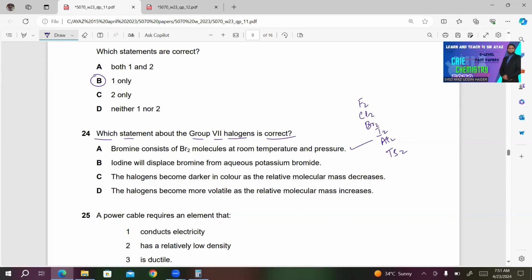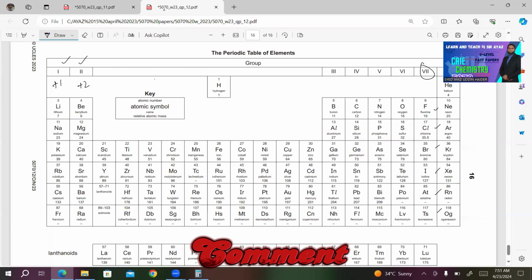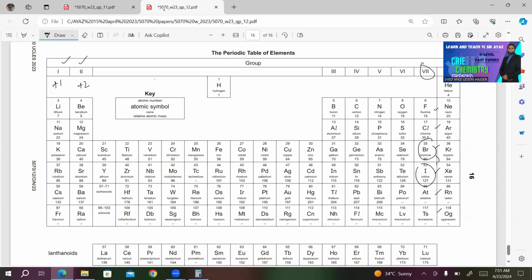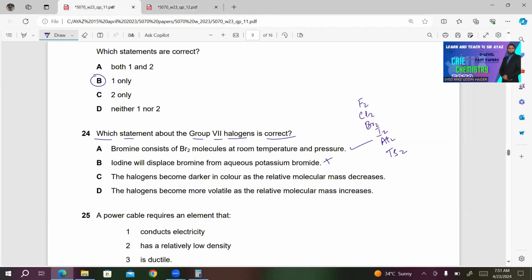B, iodine will displace bromine from aqueous potassium bromide. This is incorrect because if you look at the position of iodine, here is iodine. It's below bromine. So it can't displace bromine from aqueous potassium bromide. C, the halogen becomes darker in color as the relative molecular mass decreases.